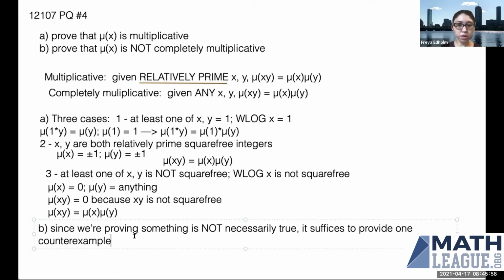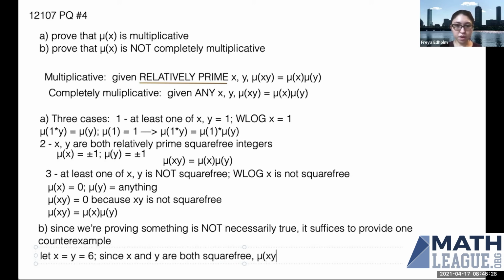All right, so when we provide this one counterexample, we can just find anything. There are multiple ones that work. For example, we can say let x equals y equals 6. Then we know that since x and y are both square-free, mu of x and mu of y are equal to plus or minus 1.